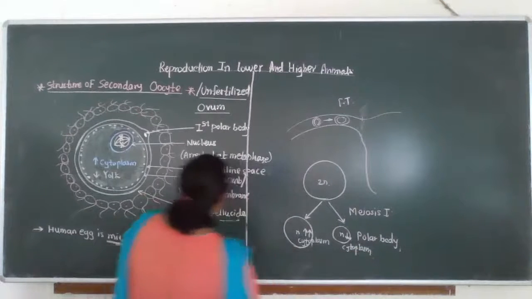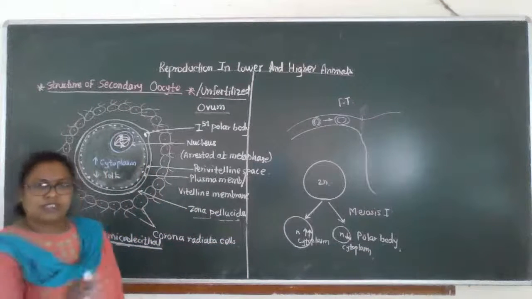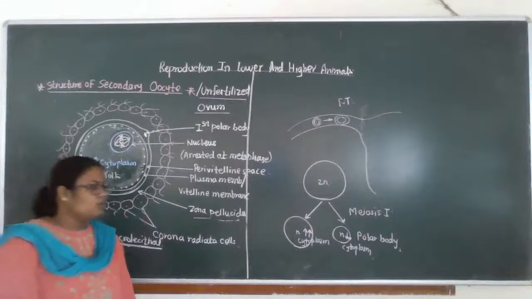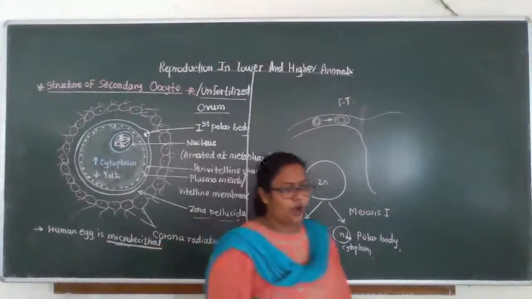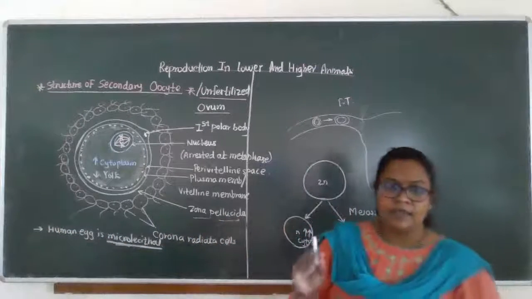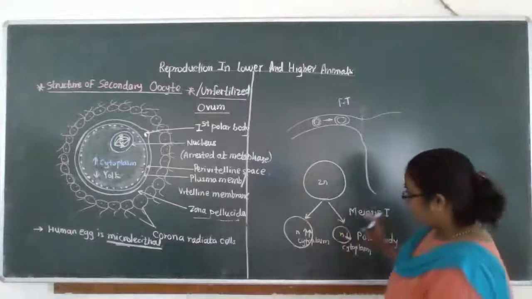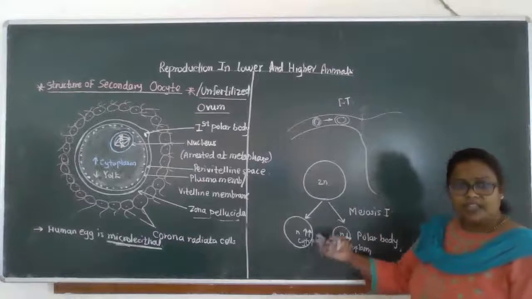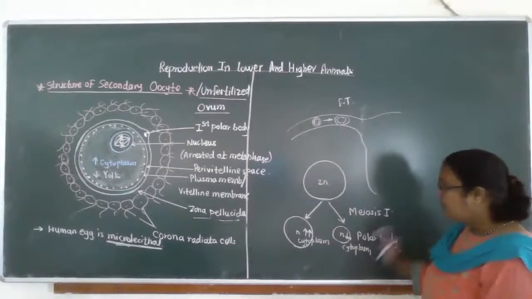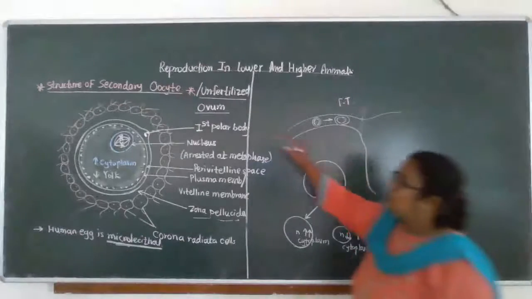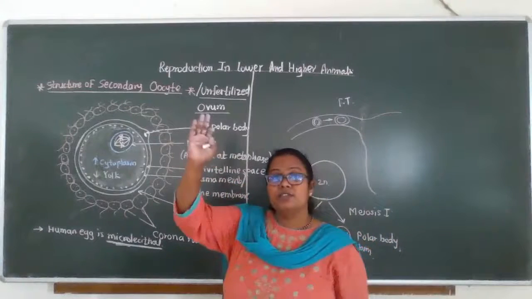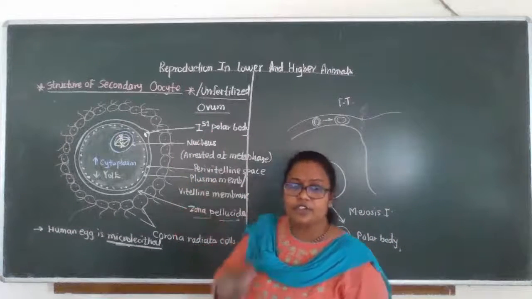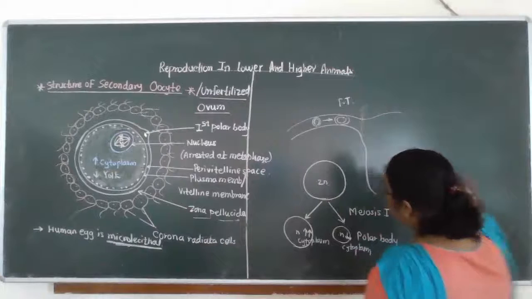So what is the role of the polar body? It is still not known, but it may remove the unnecessary genetic material during meiosis. Unnecessary genetic material can be removed because of this, and this first polar body remains until implantation.